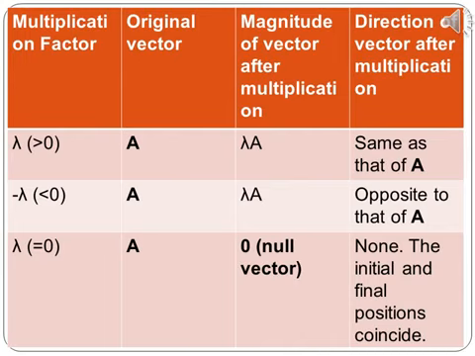The resultant vector whose magnitude will be lambda A and its direction will be opposite to that of vector A. And in third case, if the multiplication factor is equal to 0, then the magnitude of the resultant vector will be equal to 0, that is, the resultant vector will be the null vector. And it has no direction because the initial and final positions are coincided.